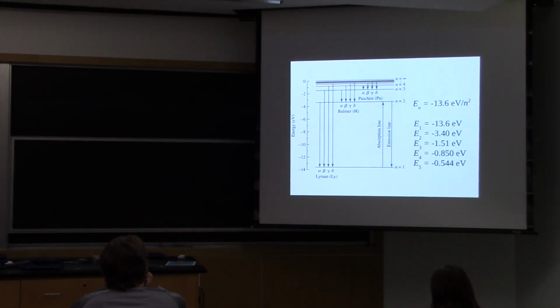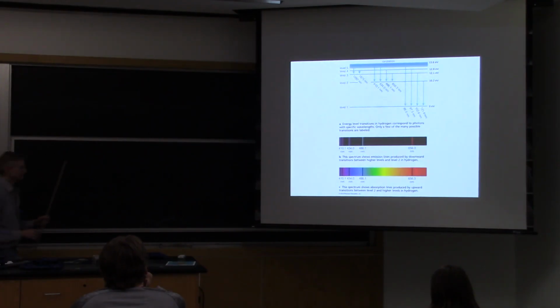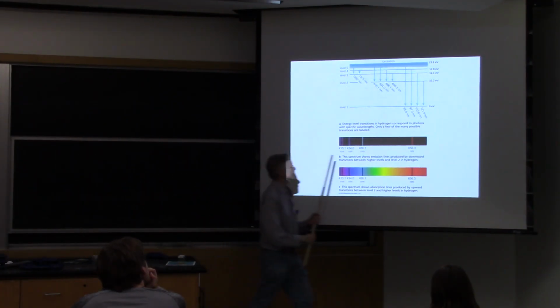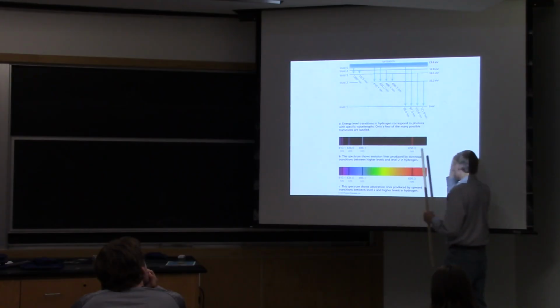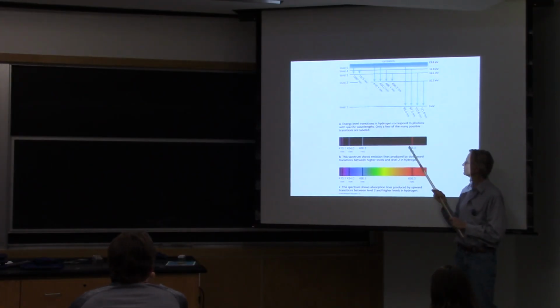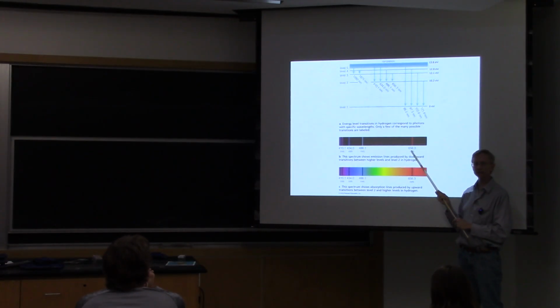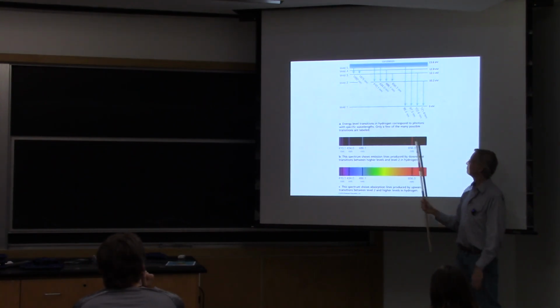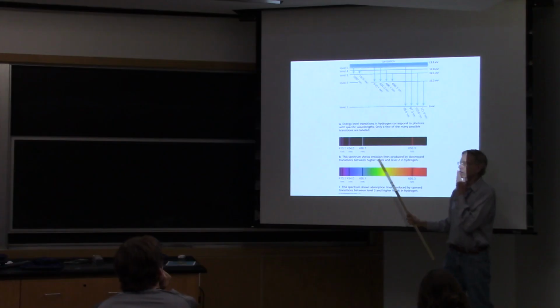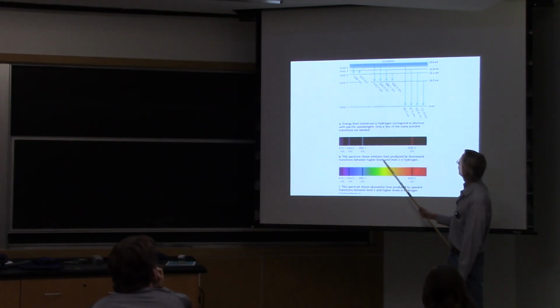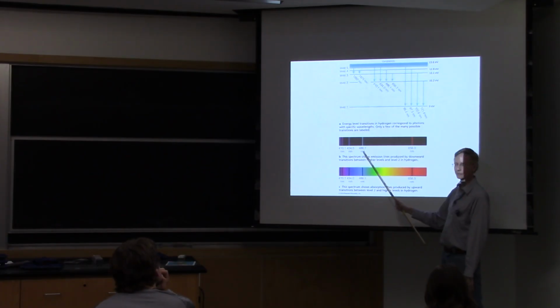When you run the numbers, you get that Balmer alpha, the 3 to 2 transition, is 656.3 nanometers and is a lovely red spectral line. I'll bet you saw it earlier today when we turned on the hydrogen lamp. Balmer beta is a 486.1 nanometer line.